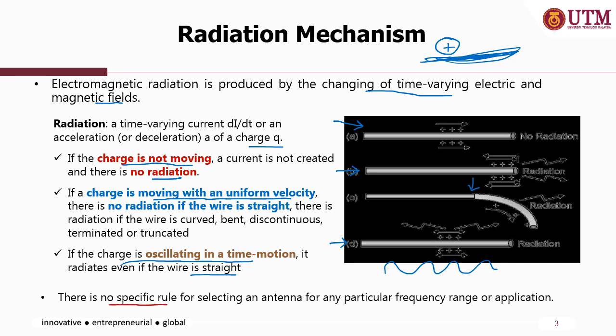There are no specific rules for selecting an antenna for any particular frequency range or application, but the antenna is designed based on the intended application. For example, the system needs a narrow bandwidth, very high efficiency, broad beam width, and so on.